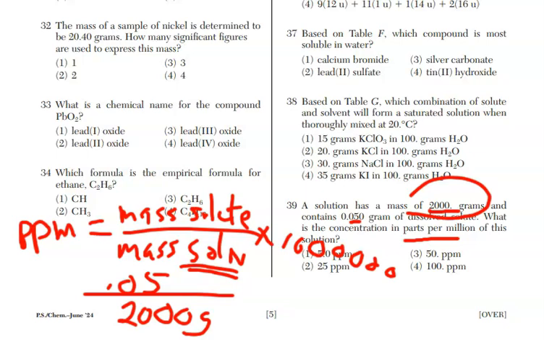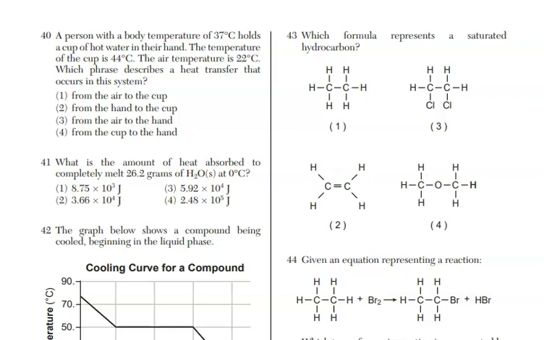You didn't have to do that. 0.05 divided by 2,000 times a million. And use your trusty, rusty calculator. When you do this, of course, I'm going to do that myself. I get an answer of 25 parts per million, which is hard to see because of my writing here, but is choice 2. 10 down, 10 to go.